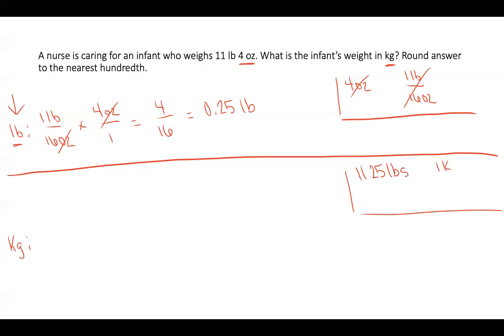And that is 1 kilogram is equal to 2.2 pounds. So I'm going to write that as 1 kilogram over 2.2 pounds. So that's step 2. Step 3 is to start building my problem, starting with what I'm looking for. So I'm looking for kilograms, so kilograms needs to be the first thing I plug into my problem. So I come up to my box and I find kilograms.